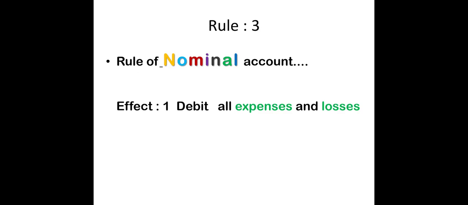So, the rule of nominal account says that debit all expenses and losses. All expenses of the business and losses of the business should be taken in effect number one. So, when you pay any expense, or if there is any expense in the business, that will become your effect number one, or loss.